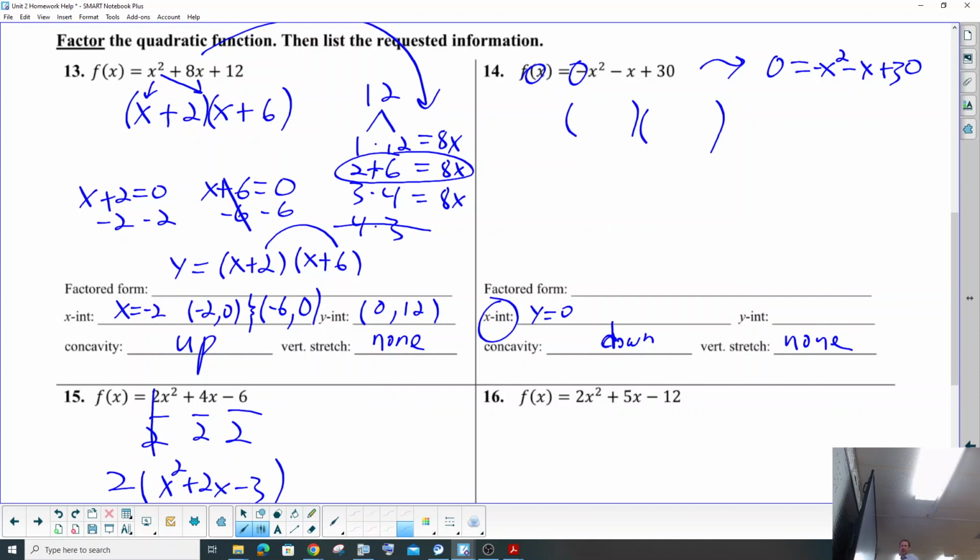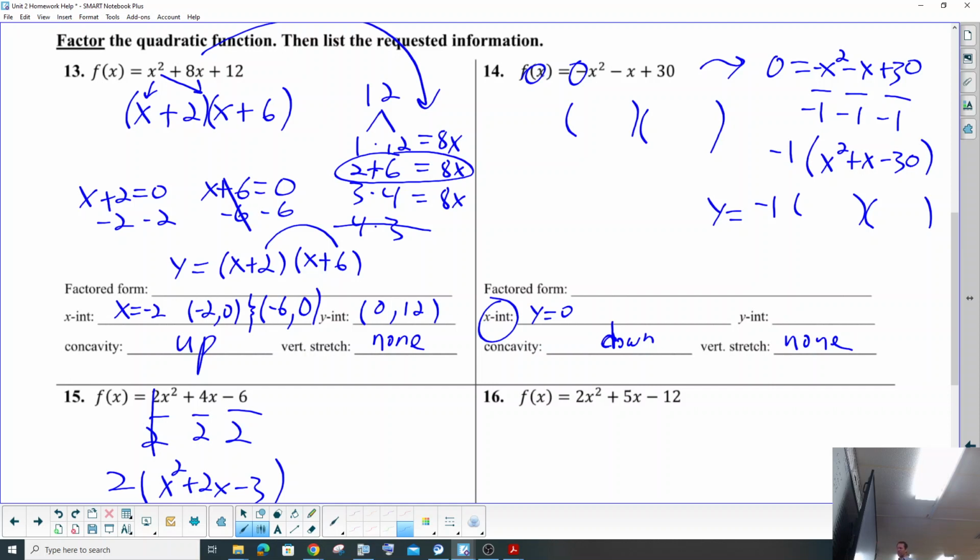It's hard to factor with a negative. So I would just change all the signs by dividing. You have to do it to all 3 terms. So I would go ahead and pull out a negative 1. When we pull out a negative 1, we get x squared plus x minus 30. And so that can factor more now. And so we do have a new function there that's still concave down, and stretch none.